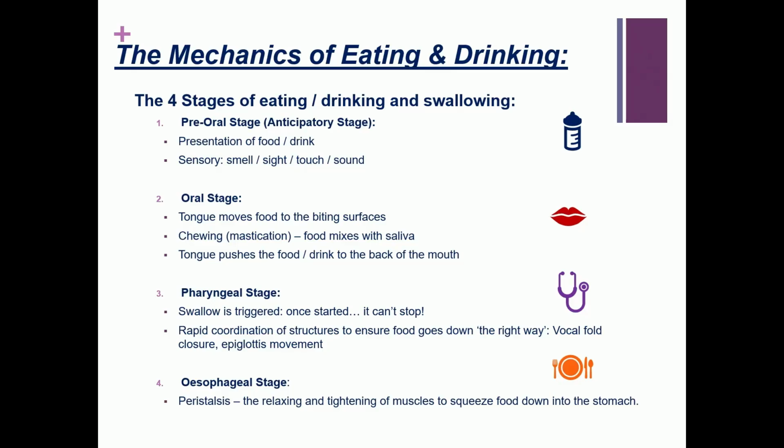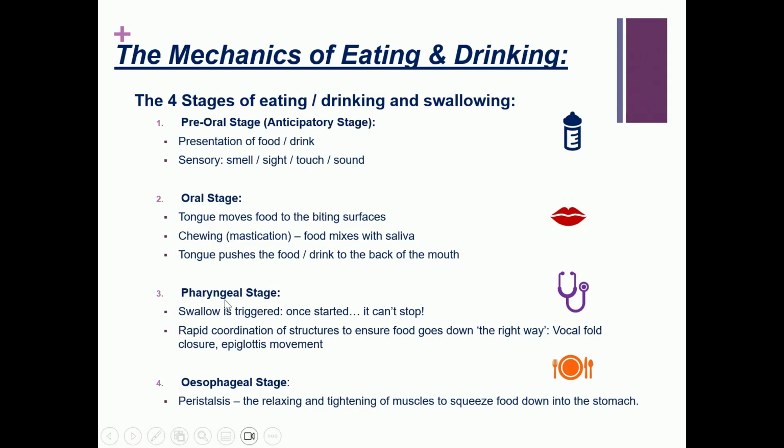So if your baby or young person is looking at the food and drink, that automatically signals to them that food is approaching, which then gets them ready for the second stage, the oral stage, for them to be ready to open their mouth, take the food off the spoon or from their fingers, and then use their tongue to move the food to the biting surfaces for chewing, and then pushing it to the back of the throat, ready for the swallow.